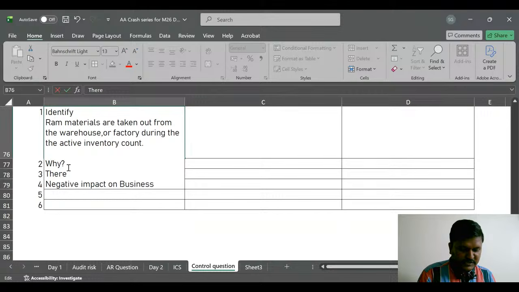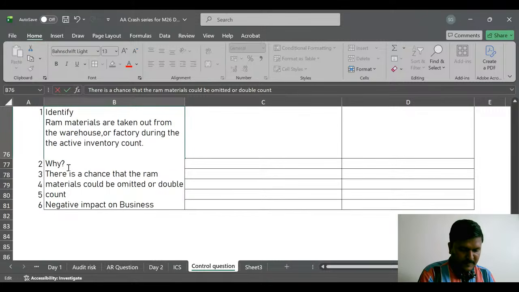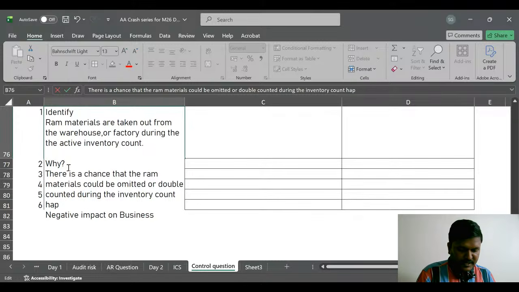There is a chance that the raw material could be omitted or double counted during the inventory count happening at the date 31st July 20x5.